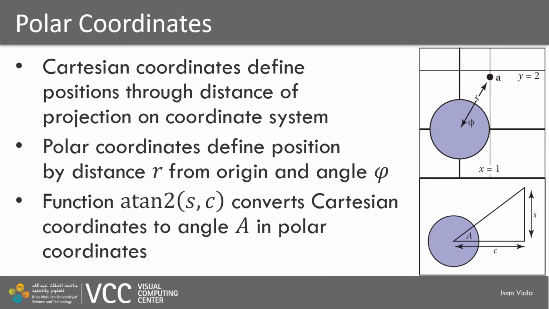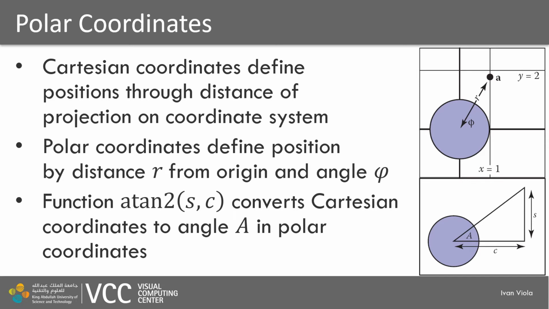Sometimes we deal with our geometric representation in different spaces than in Cartesian spaces or Cartesian coordinates. Cartesian coordinates define us in Cartesian space, the Cartesian grid, by the distances along each coordinate axis.